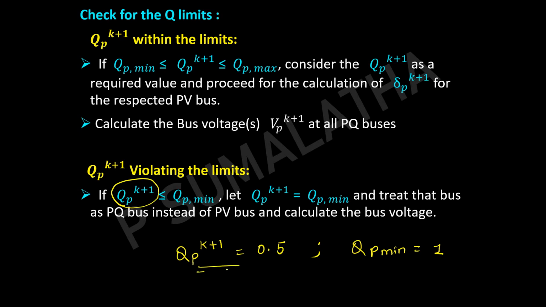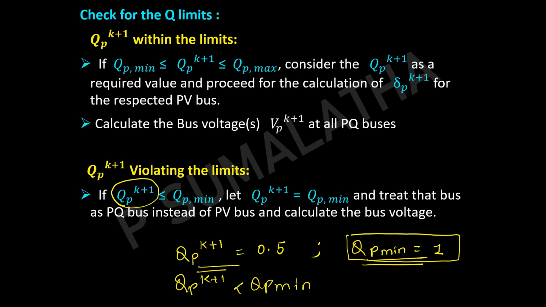So this value is less than Q_p minimum. In that condition we are not allowed to go less than this value, so we will equate that value to 1. This is the minimum value that I can give for Q_p minimum.